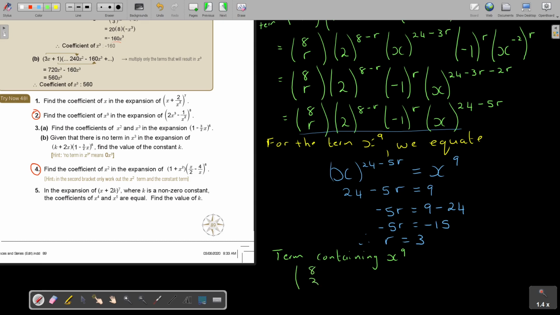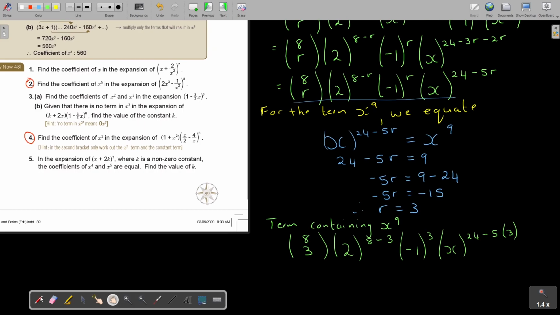So it's 8C3, and then it's just 2. You could have taken it in the original, it's also right. I did it in the previous video in the original, but now I take it in this one. What is r? It's 3. So (-1)^3, x^(24 - 5×3).